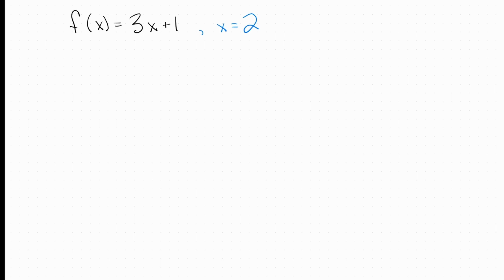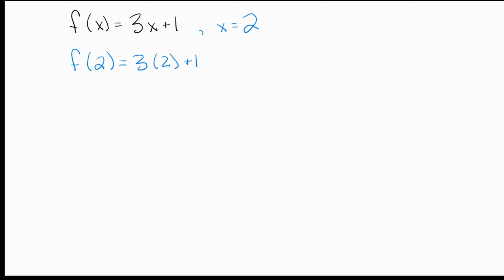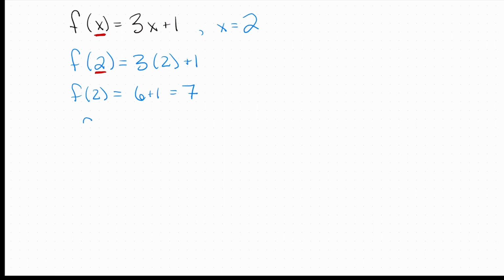What we end up doing is we sub in 2 for our values of x, and the way that it's expressed is that this x here, you sub in the 2 there, and this shows that we are subbing in x is equal to 2. So then if we solve this, we get f of 2 is equal to 6 plus 1, which is equal to 7. So f of 2 is equal to 7.